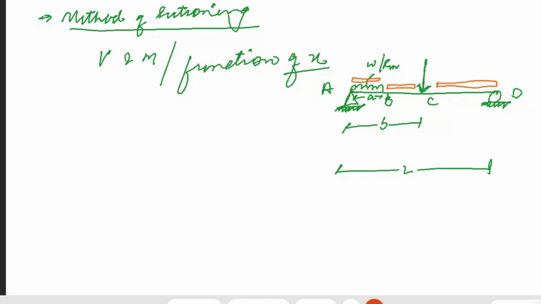Right? I actually have three segments of this beam where there will be discontinuous shear force and bending moment diagrams. Now, how will I deal with it? Firstly, for the span AB, I'll take a distance of x1.